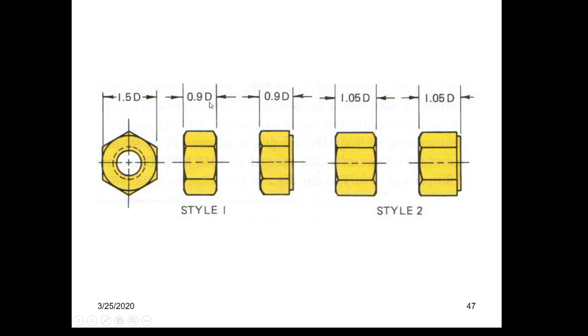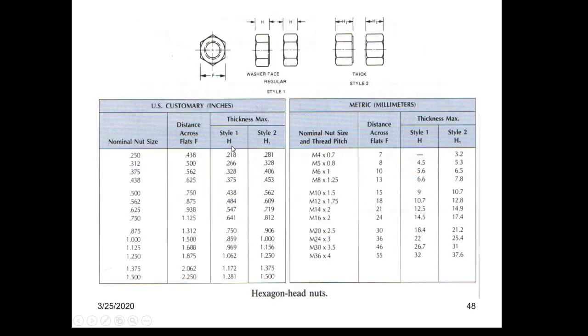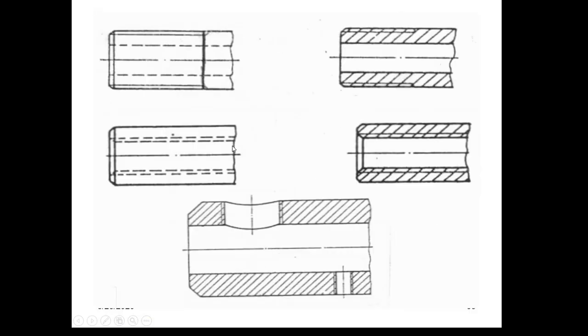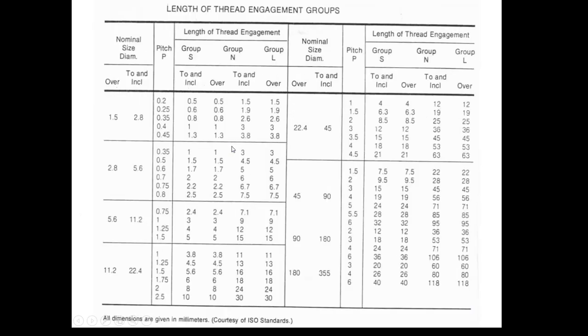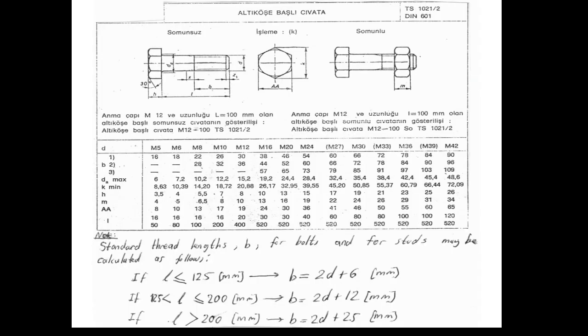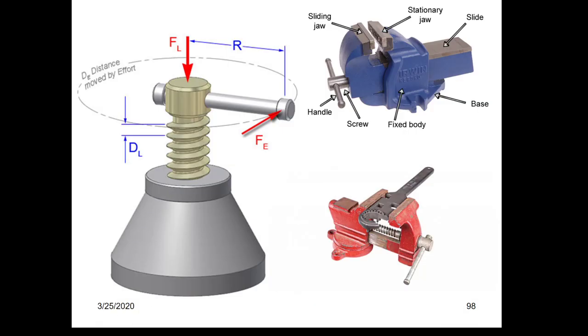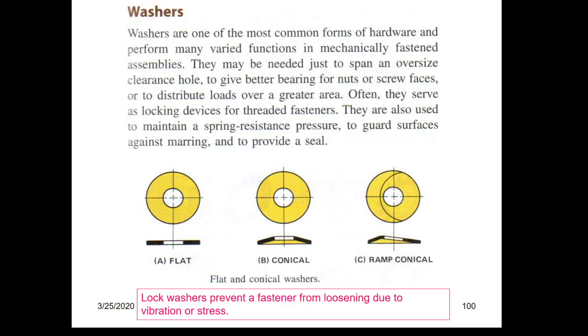D is the diameter of the threaded part of the bolt. So, since in our example the diameter of the threaded part of the bolt is 10, round this coefficient to 1, say that the thickness of the nut is 10. How about the thickness of washers? Well, find the part of my presentation. It is about washers. Yes, washers.